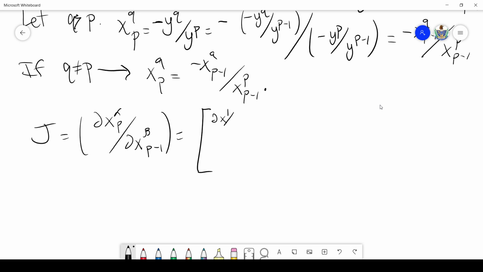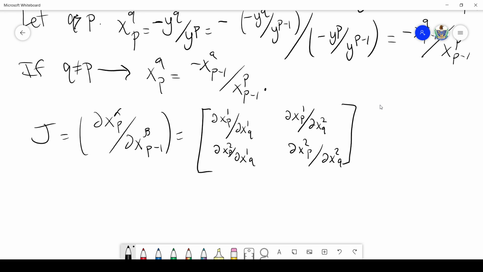So we would have dx1p over dx1q, dx1p over dx2q, dx2p over dx1q, and dx2p over dx2q.